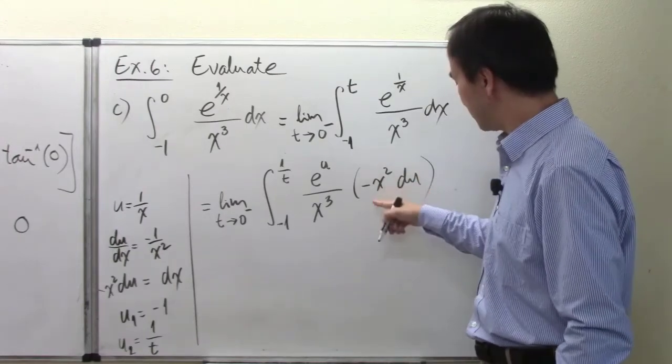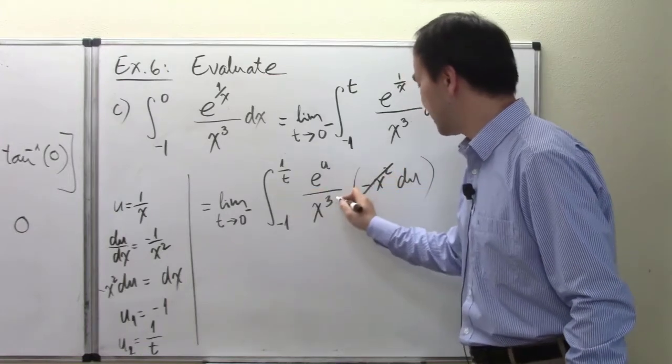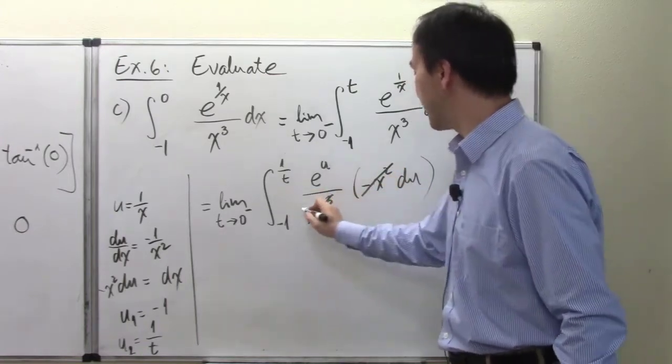And so now I can cancel the x squared away and bring the minus sign in front, and that leaves me an x right here.